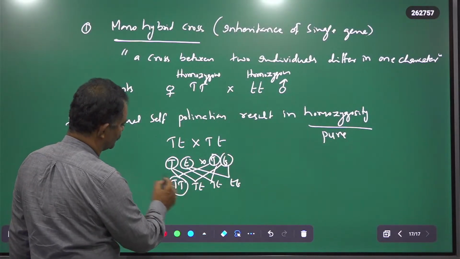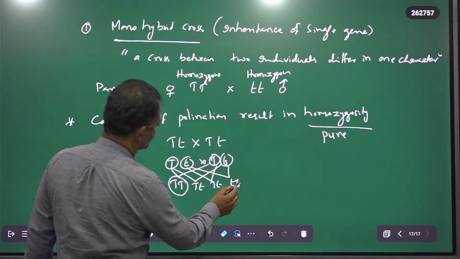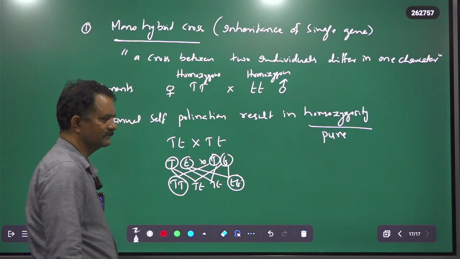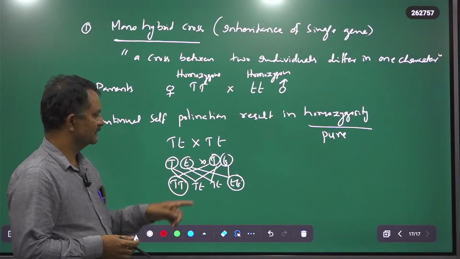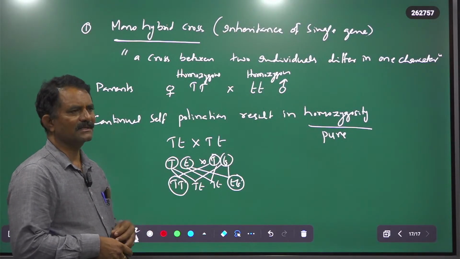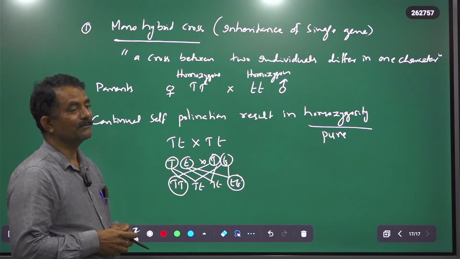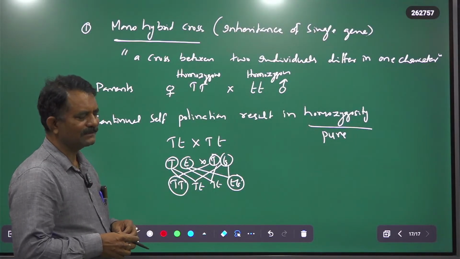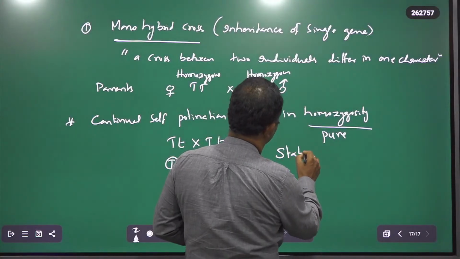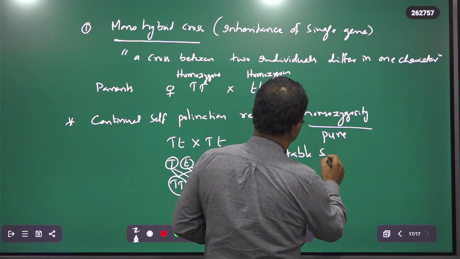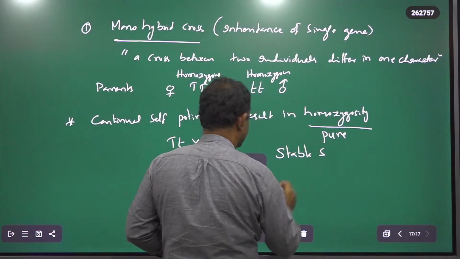So automatically homozygous tall and homozygous dwarf appeared. These are all the next generation. If we continue self-pollination in the next generations, we can get stable, straight inheritance.